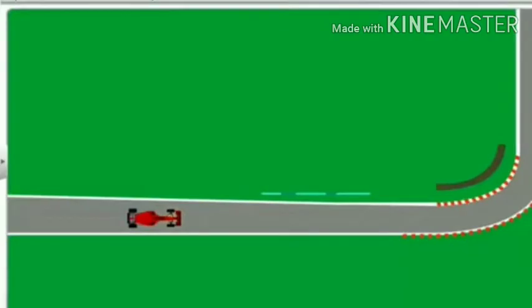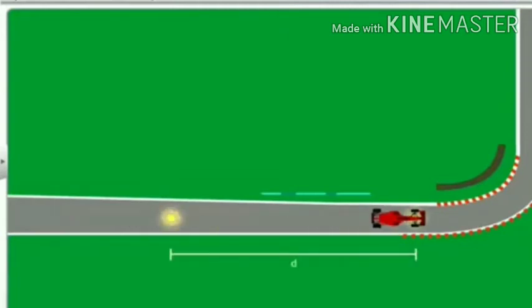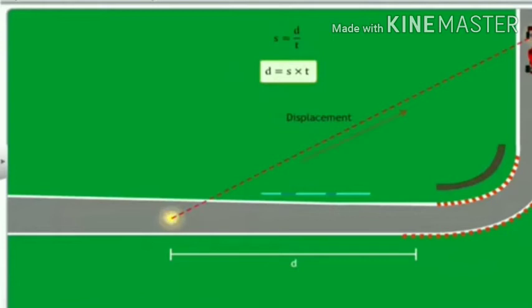But from this example you will see it covers unequal distance, so its motion is non-uniform motion. Here also, from the point of starting or point of rest, it covers distance d in a given time t. Therefore, d is equal to s into t, speed into time.